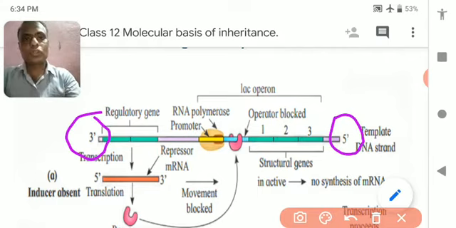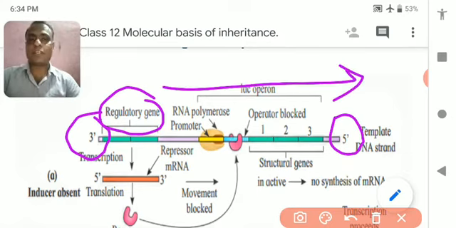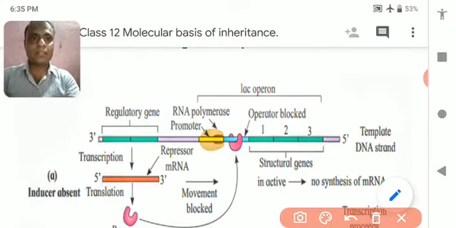The first gene that is present is the regulatory gene, which regulates the formation of a particular kind of protein. Whether a protein should be switched on or switched off will be regulated by this piece of gene. Understood?